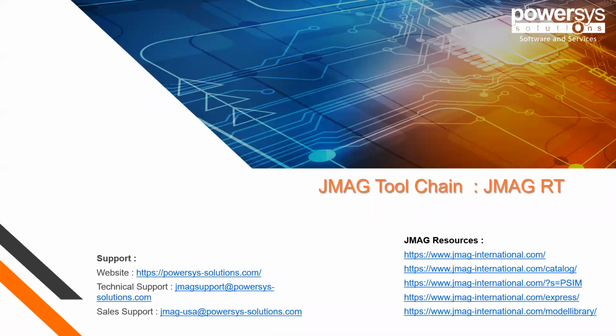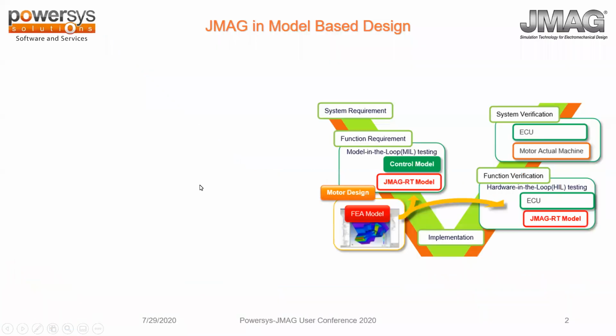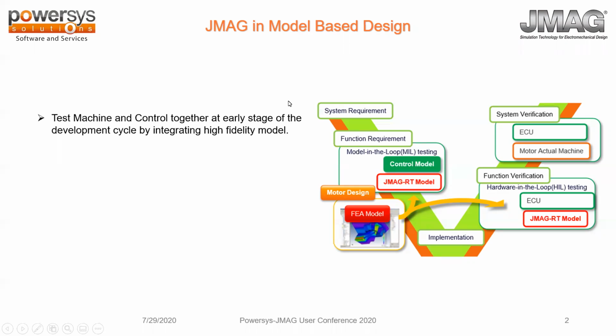All right. Moving on to the presentation, as the name itself suggests, we are going to focus more on model-based design and how Jmag is going to cater to this model-based design situation. Starting with the V model development cycle, we very well understand that today the requirement for a motor is not just high performance, but also how consistent it is with the system.